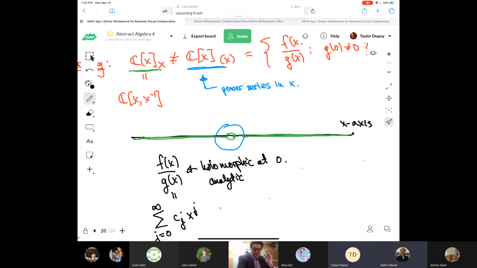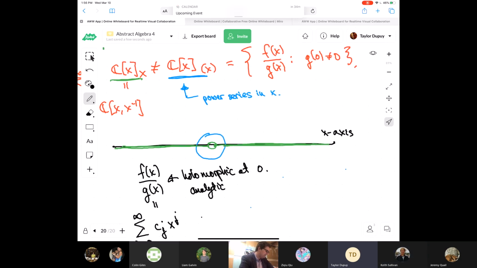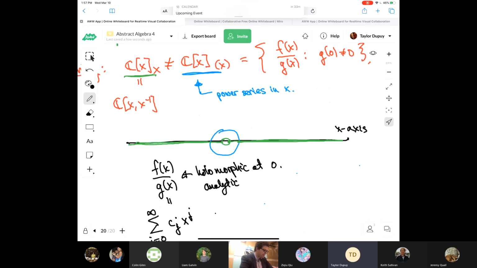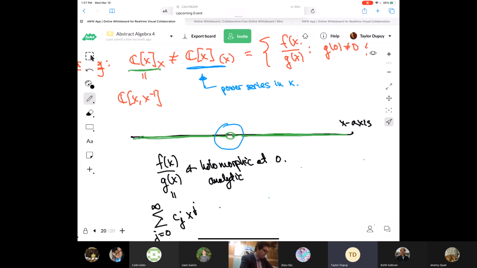It allows you to compute things really quickly. I think it was Grothendieck who realized this. But all I've done is show you that this is a subset of the power series ring. That's what I've explained before.